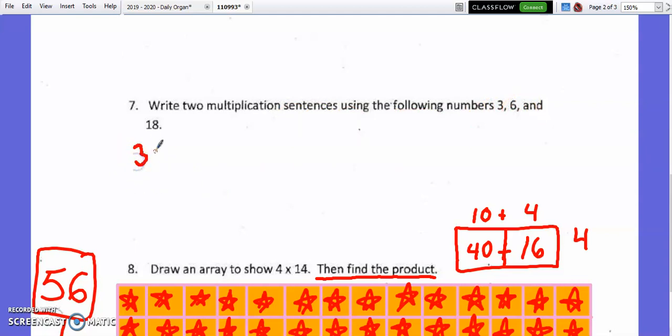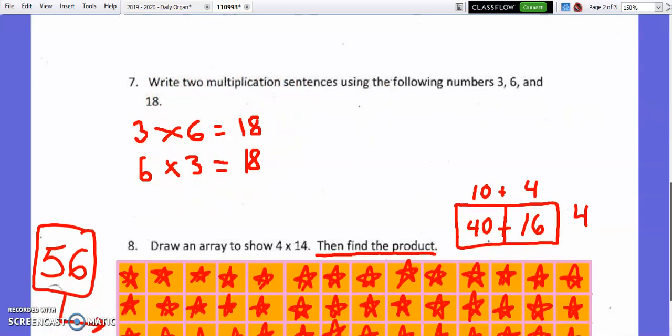Well, that means I've got to take 3, multiply it by 6 to get the final answer of 18. I can also use the commutative property, which means I can flip-flop these numbers. My 6 can commute over to where my 3 is. My 3 can change spots and commute over to where the 6 was, and it's still going to get me the same exact answer, which is nice because then that easily allows me to write 2 multiplication sentences.